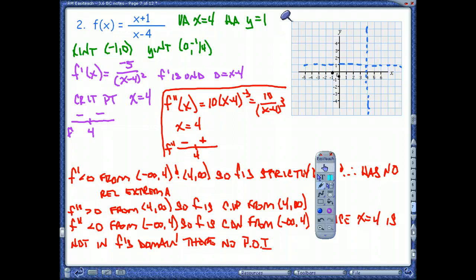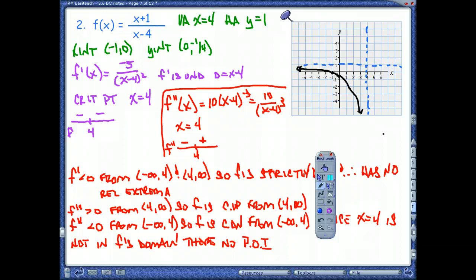Okay. Now, looking at my function, I know my function is decreasing all the way through. So I know my graph on the left side of that is going to come down in nature. So that tells me about what's happening on the other side of my vertical asymptote.